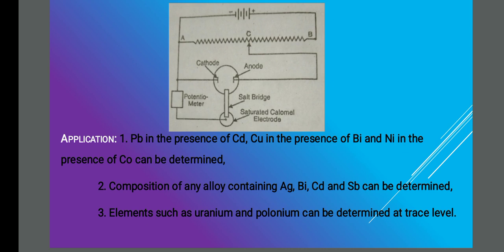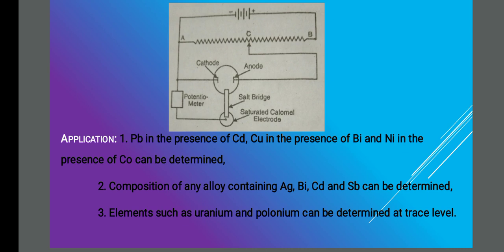Is it okay? So these are the three different applications of controlled potential coulometric methods. First, lead in presence of cadmium, copper in presence of bismuth, nickel in presence of cobalt; then composition of alloys; then elements such as uranium and polonium if they are present in trace amount.